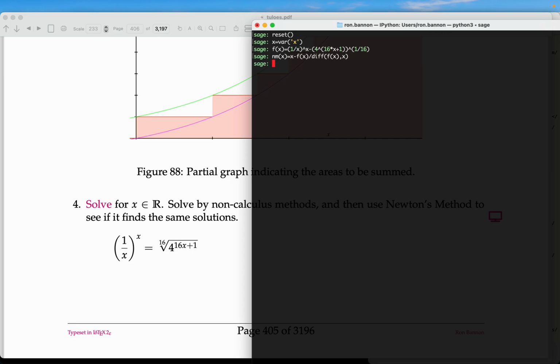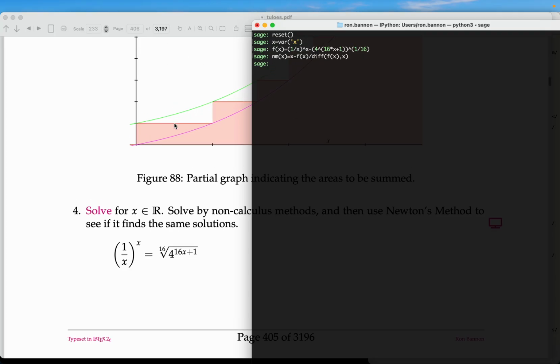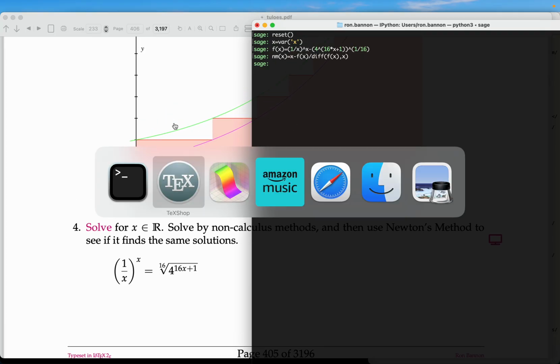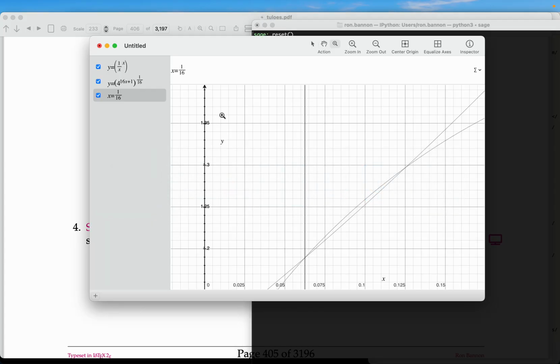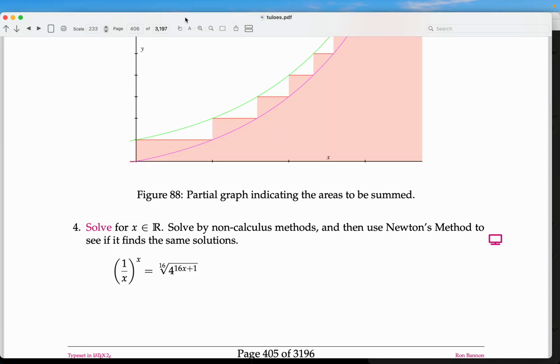Then I make an initial guess. Let's go back to the picture. Someone says, what would the guess be if I looked at the picture? Looking at this, I'm going to say it looks about 0.06. I'm going to make that guess.